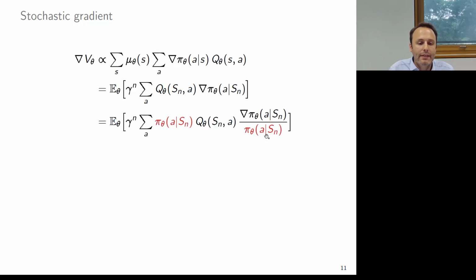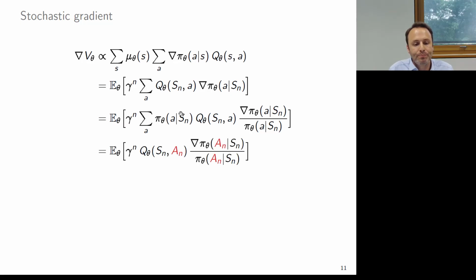And then we can simplify this to have here the actual action that we have taken. Then we have the gradient of the value function being equal to the expectation of the discounted future rewards times this gradient of the policy divided by the policy itself.